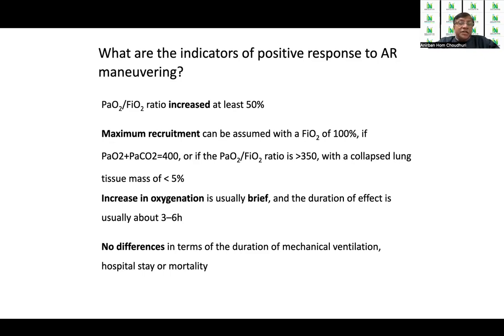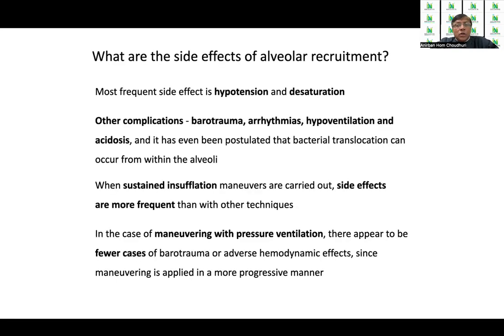The increase in oxygenation is usually brief, and the duration of effect is usually 3 to 6 hours. No difference has been observed in terms of the duration of mechanical ventilation, hospital stay, or mortality. In other words, the outcome is unlikely to be affected by the alveolar recruitment, although there is an improvement in the oxygenation.